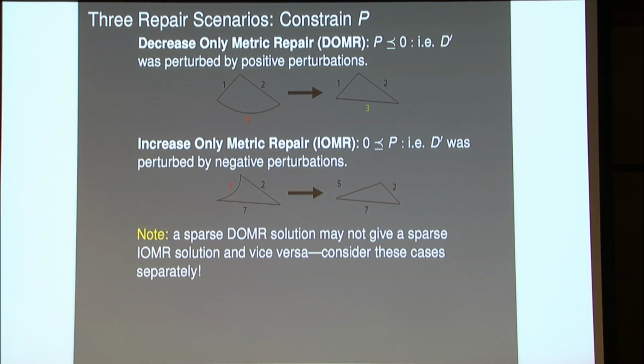I would observe that a sparse solution in this setting may not be the same as a sparse solution in this setting, and vice versa. It's the same triangle, 1, 2, 7, but I get two quite different fixes. So it suggests that we should look at these two cases separately. They are really very different.